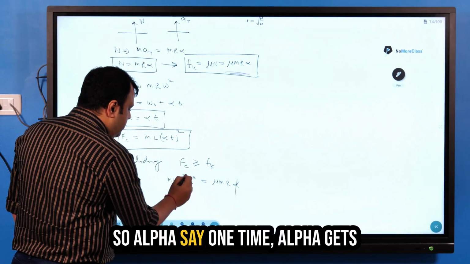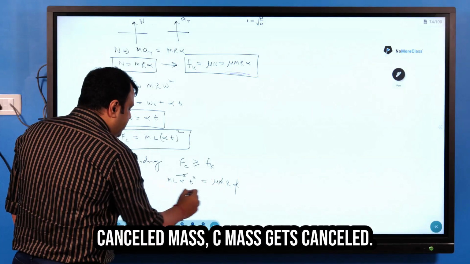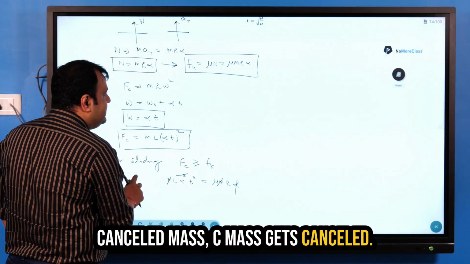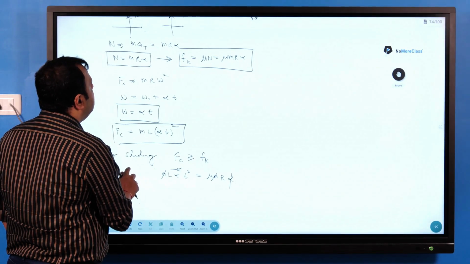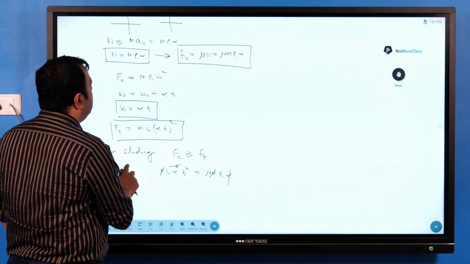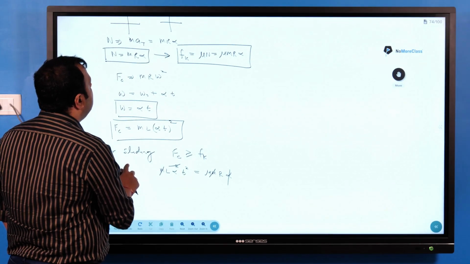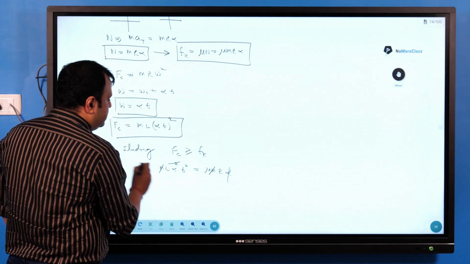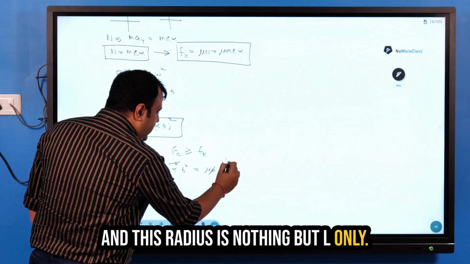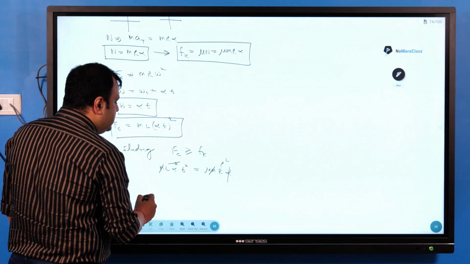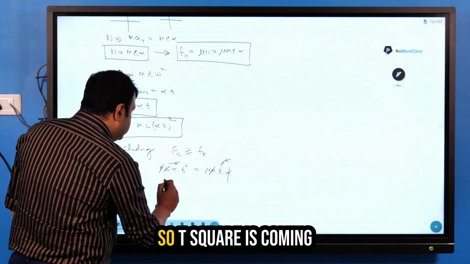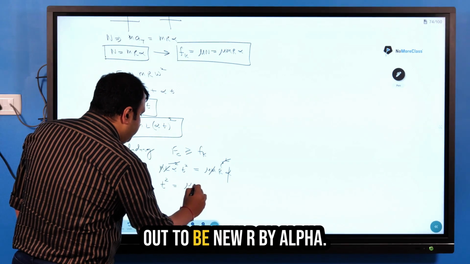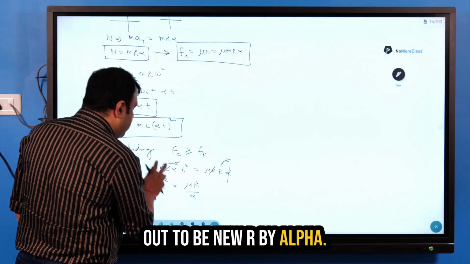One alpha gets cancelled, mass gets cancelled, and this radius is nothing but L only, so that gets cancelled. So t square is coming out to be mu by alpha.